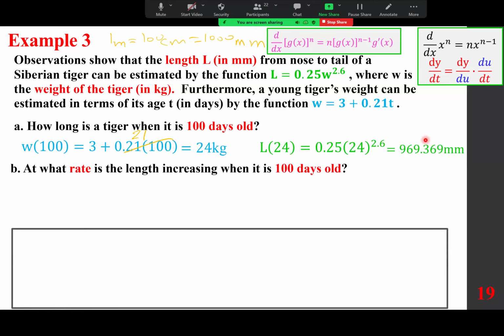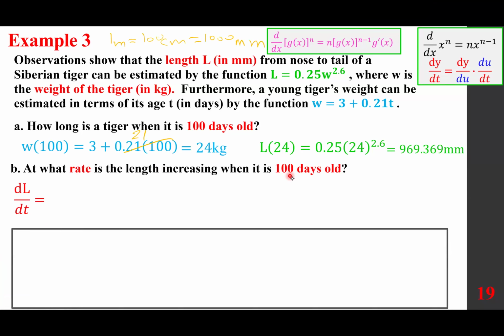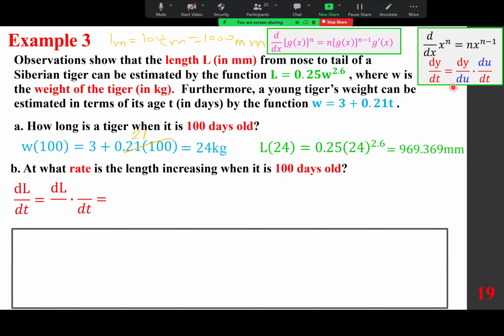At what rate is the length increasing when it's 100 days old? Rate at one point in time means differentiation. So we want dL/dt. I'm going to go with Leibniz's notation. As I mentioned, the second method is to find the composite function; we'll discuss it in a moment. Look at dy/dt.